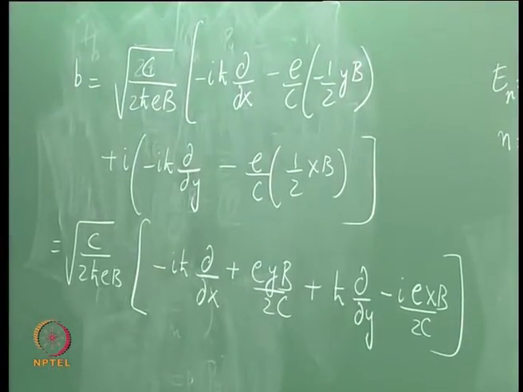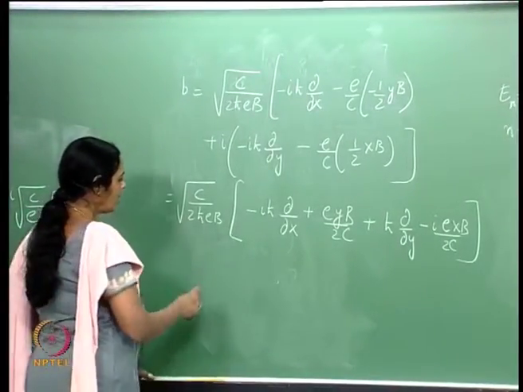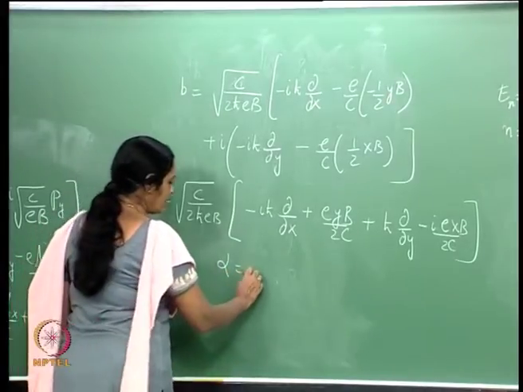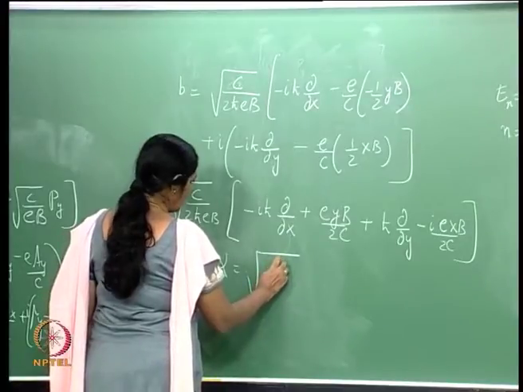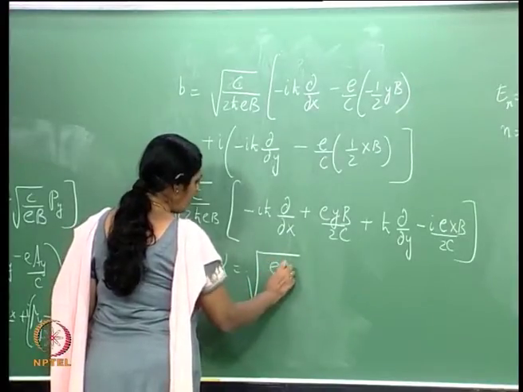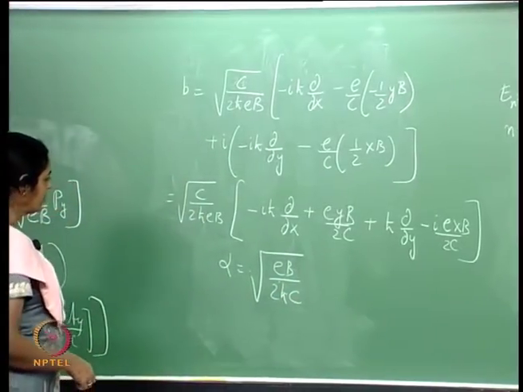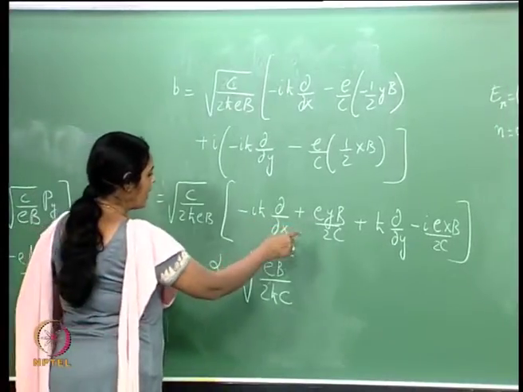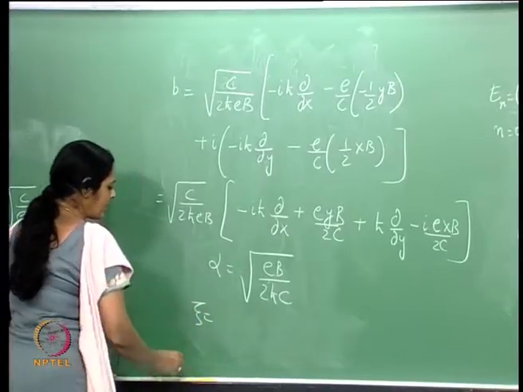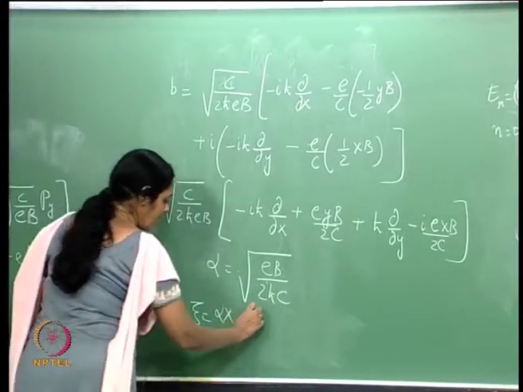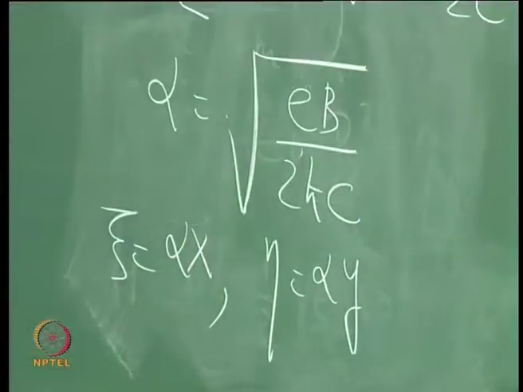It's good to change variables and also absorb constants suitably. I define a constant lambda, alpha if you wish, which is √(eB/2ħc). Now if you did that, you define a variable zeta which is alpha x and eta which is alpha y, so that I can get rid of unnecessary constants.